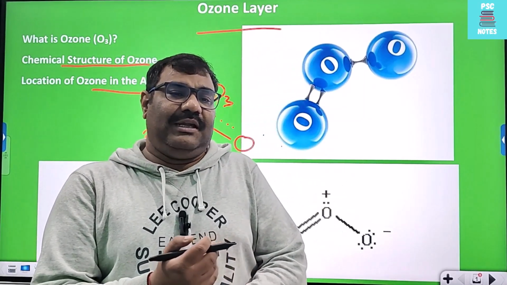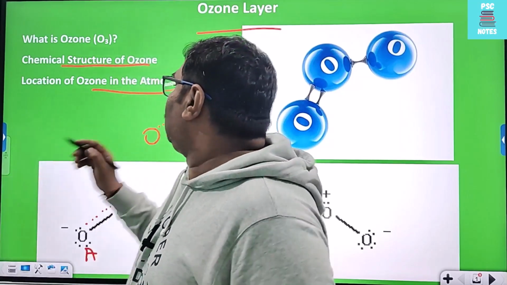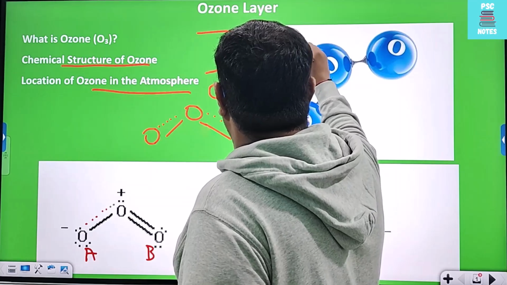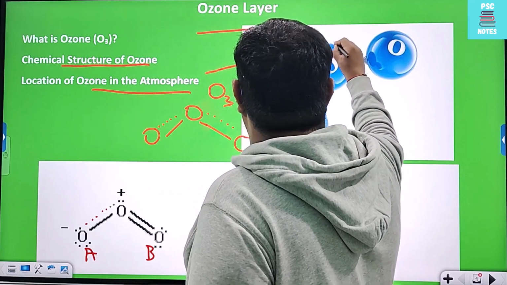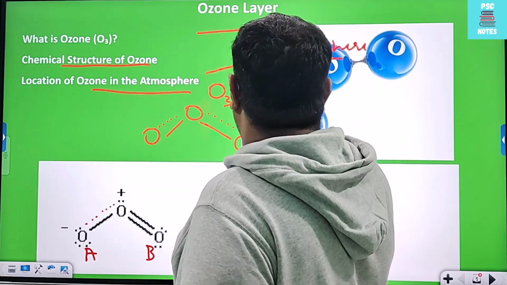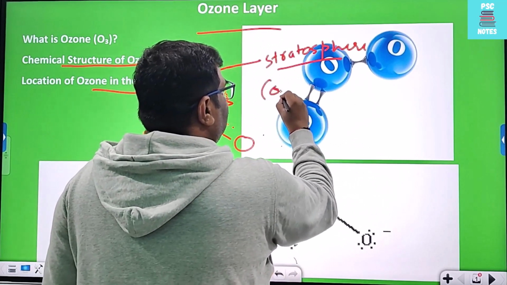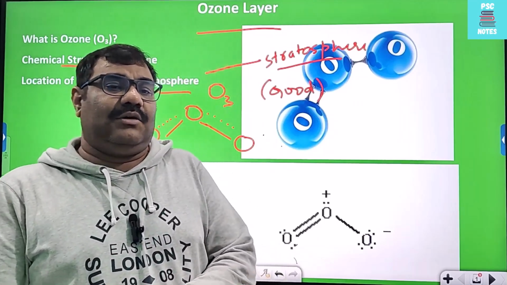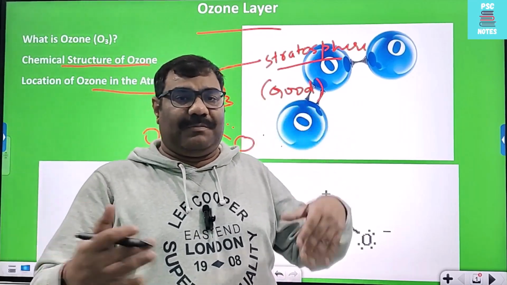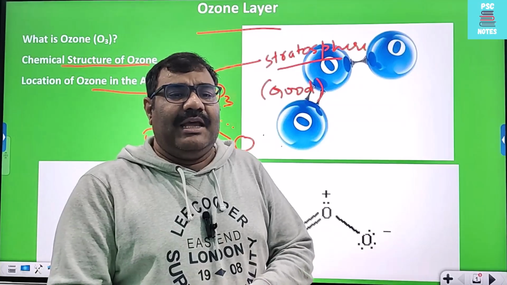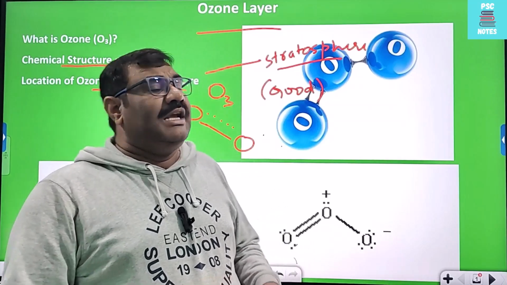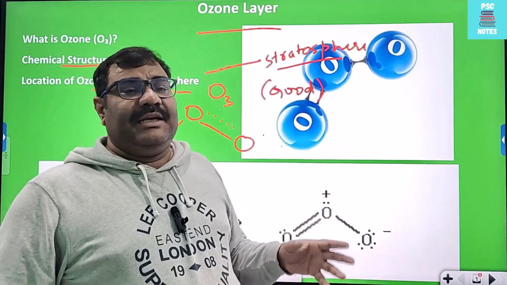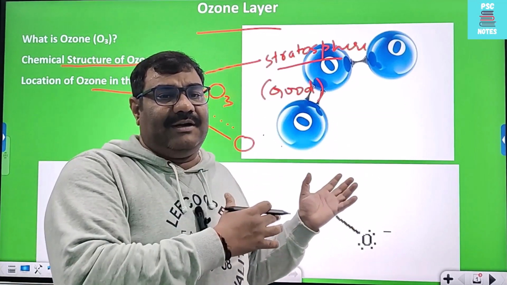Ozone in the stratosphere is known as good ozone. While the ozone which is located in the troposphere, where we live, is bad ozone, because the stratosphere ozone, as we will study further, protects us from ultraviolet radiation.